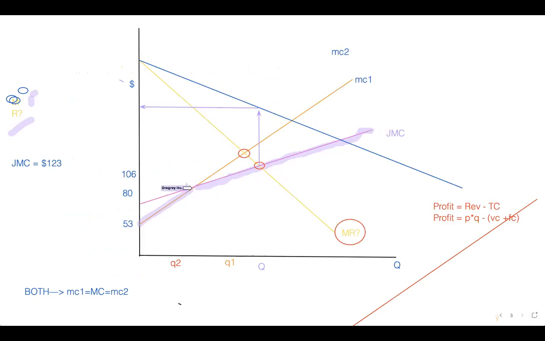You won't have to worry about the other case, but you will have to go through and calculate the profits after you find the monopoly price. I'll just label this PM for monopoly price.